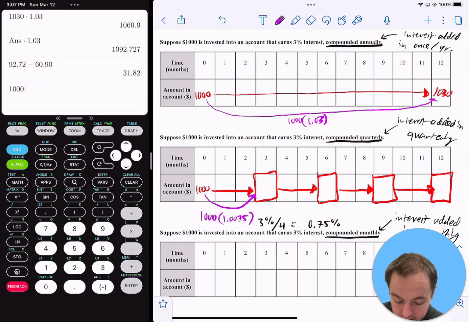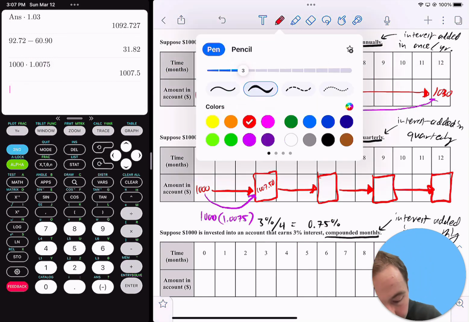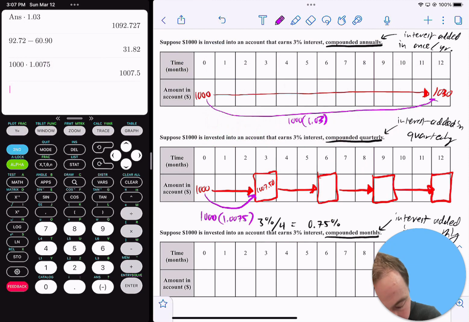What that yields us is $1,007.50 after those first 3 months. That's going to happen again, going from the end of the third month to the 6th month, in which we're going to take the most recent balance now, because it's compounded.